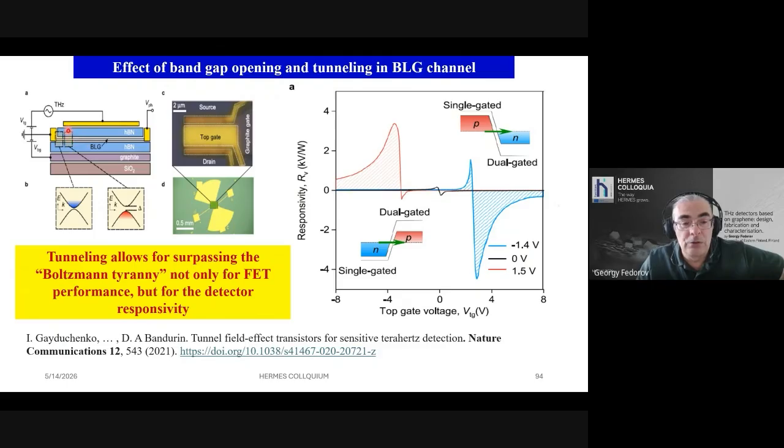When you open a band gap in this bilayer graphene by applying an electric field perpendicular to the channel, you increase the responsivity from what is described by this black curve. You hardly can see any amplitude of signal there. You enhance it to this or that, depending on the sign of the electric field you apply to the channel. So it's a very beautiful effect, nice work.